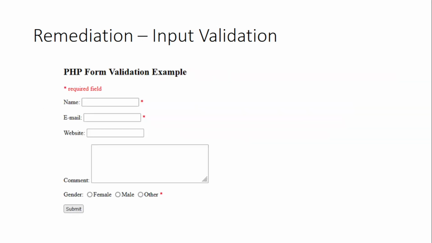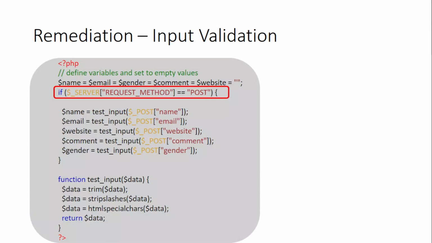For example, here is a PHP form validation example where you have to put a name, an email, and choose a gender. We get the elements from the POST method, then we put the name.